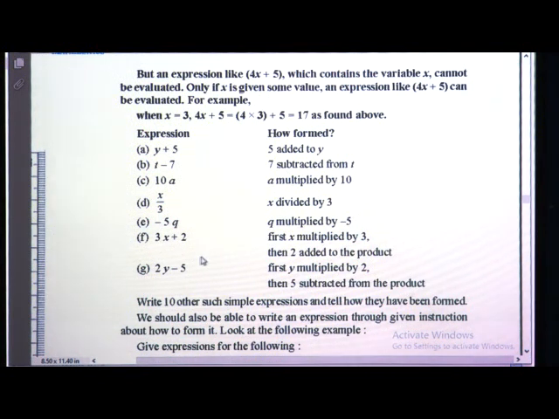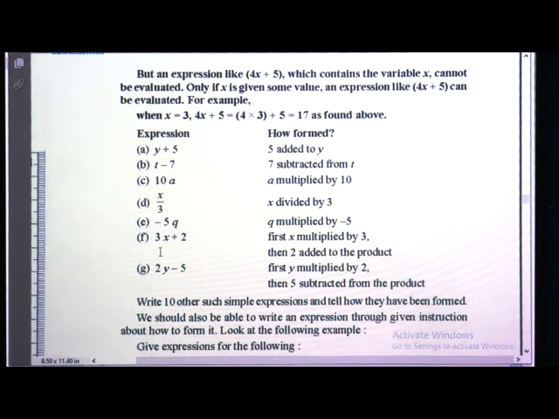Next, 3x plus 2. See students, we have a little different kind here. What we do here: first x is multiplied by 3, then 2 is added to the product. It means we need to find 3x and then to that product we add 2.